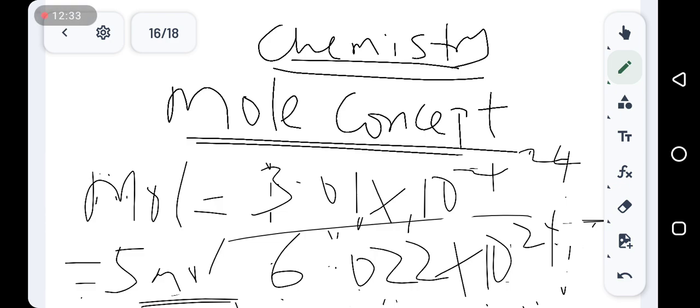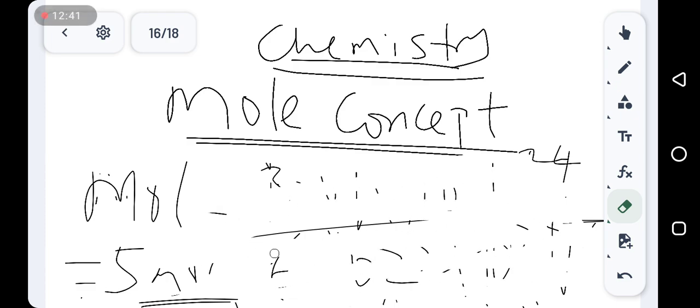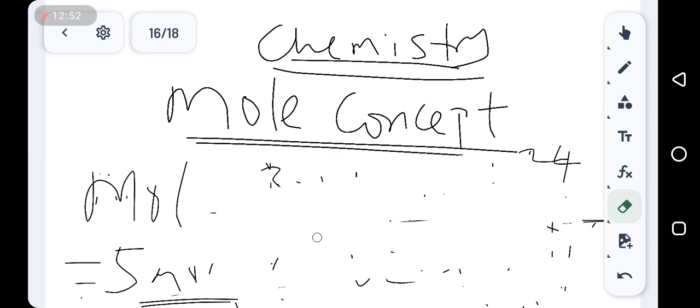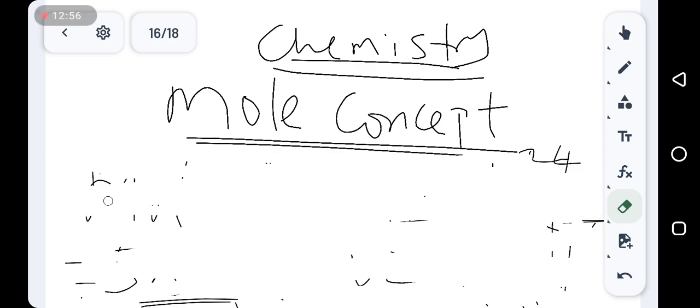Now let's quickly look at how we can calculate mass when mole is given to us. Calculate the mass of 3.5 moles of sodium chloride.